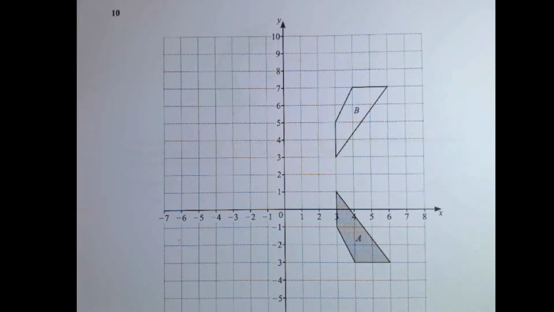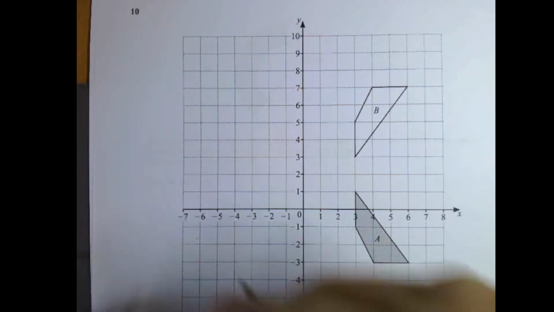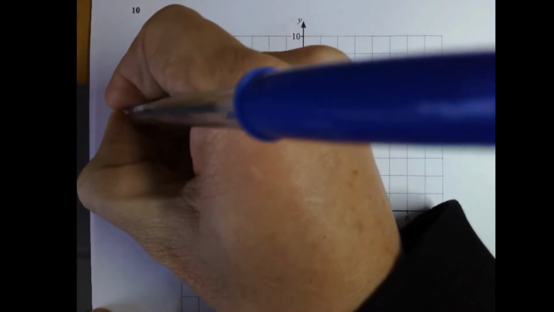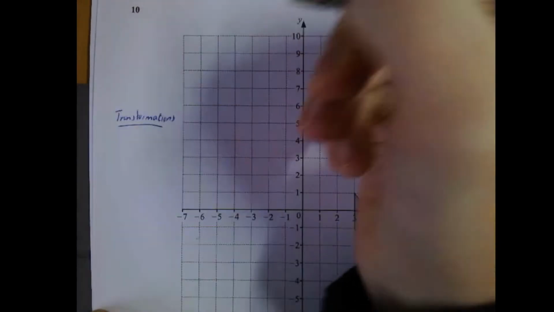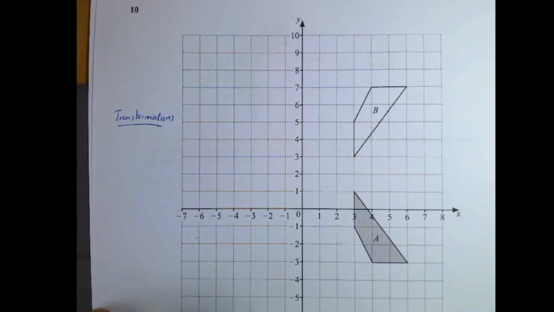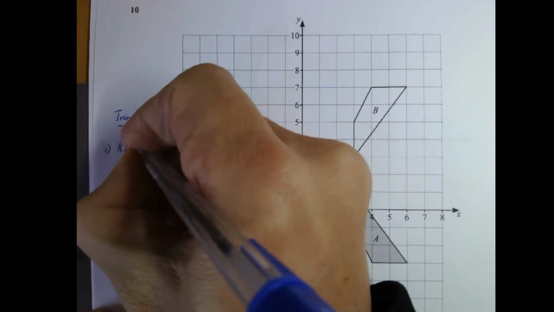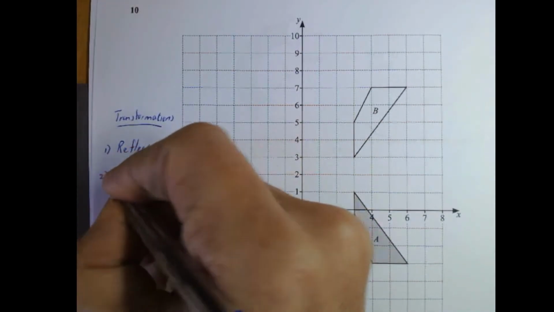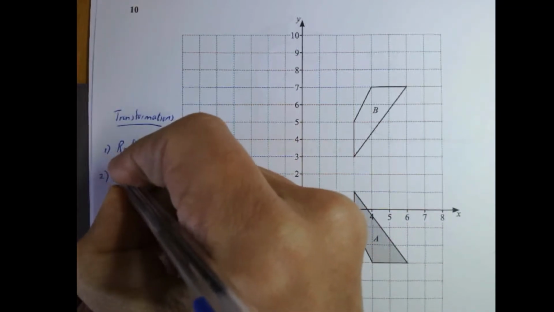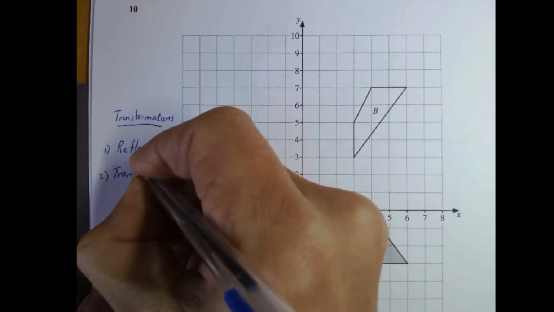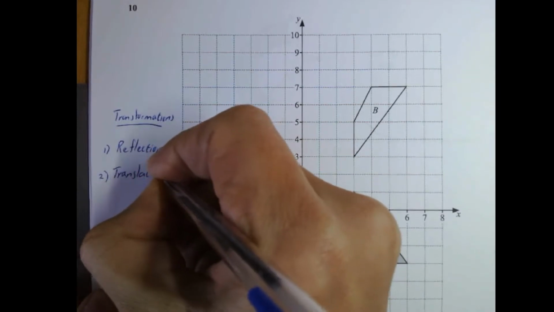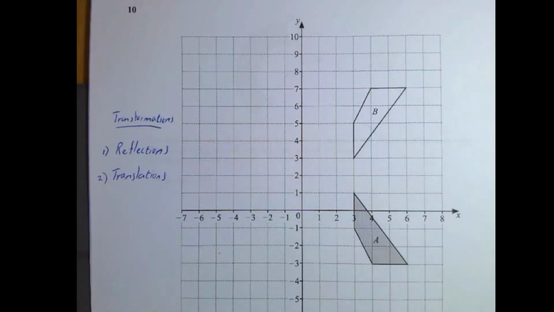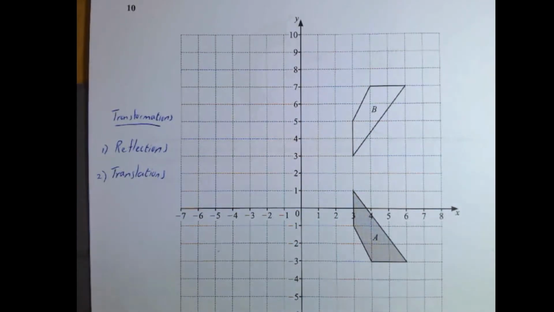Question 10. Transformations. Remember the 4 types of transformations. What are those? Yeah, there's the reflection. They've got a mirror line. We have one we often spell wrong, translations, not transportations.